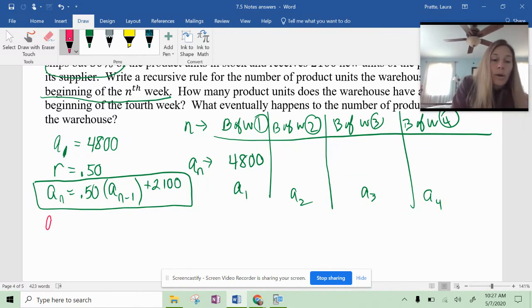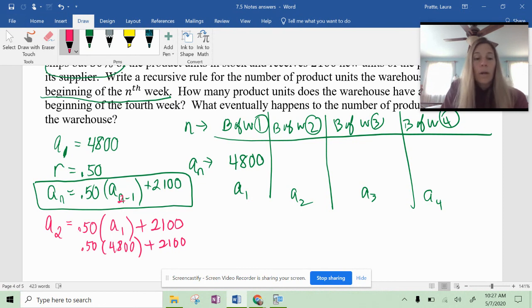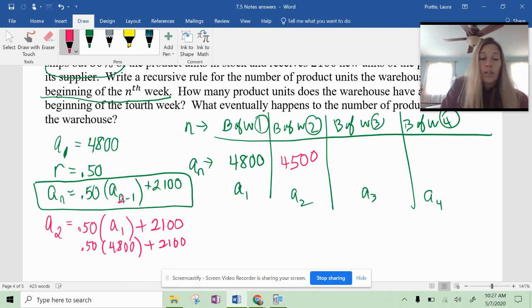So we're using this formula, and we're just iterating it 3 times to fill those in. So if I want to know A sub 2, the beginning of the 2nd week, 2 minus 1, right, is really the A sub 1. And we already know the A sub 1 is 4,800. So what's 50% of 4,800 plus 2,100? Well, 50% of 4,800 is 2,400 plus 2,100. So that would be 4,500, right? Then you're going to do that iteration for the next one. So the beginning of the 3rd week.